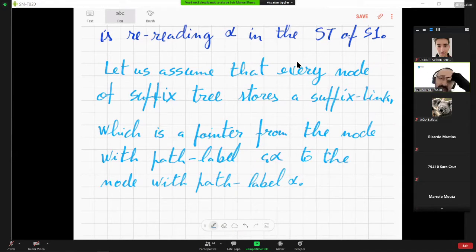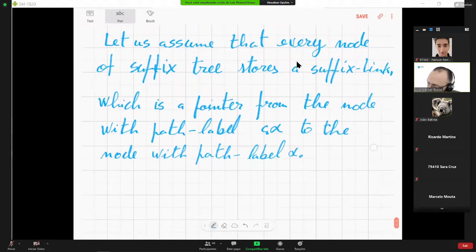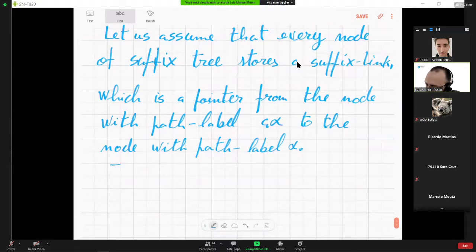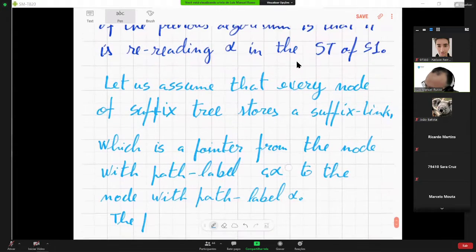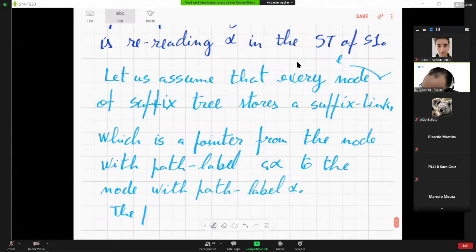This definition doesn't apply for the root, but we can use a sentinel node. The root doesn't need to have a suffix link, because there is no letter that I can remove from an empty string. The path label of the root is an empty string.